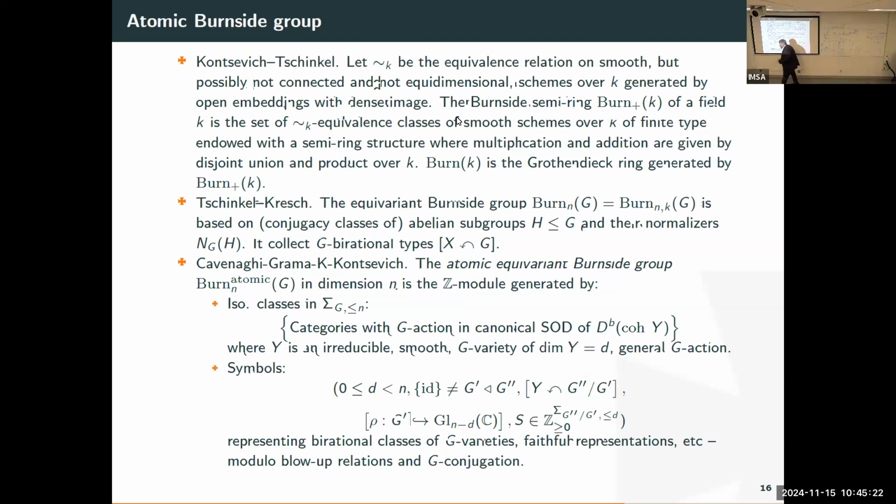So now, what we want to do is to look at this splitting G equivariantly. Namely, let's do this from the point of view of the action of this group.